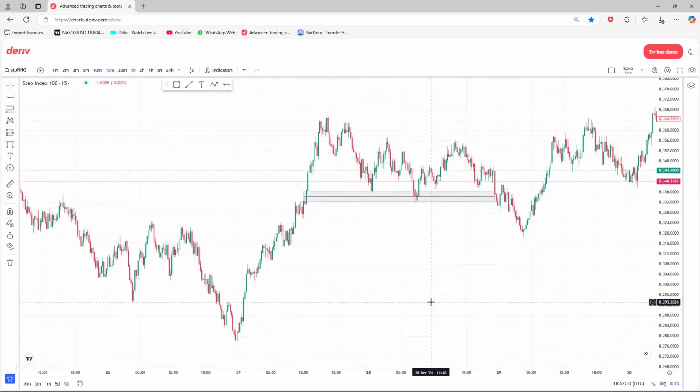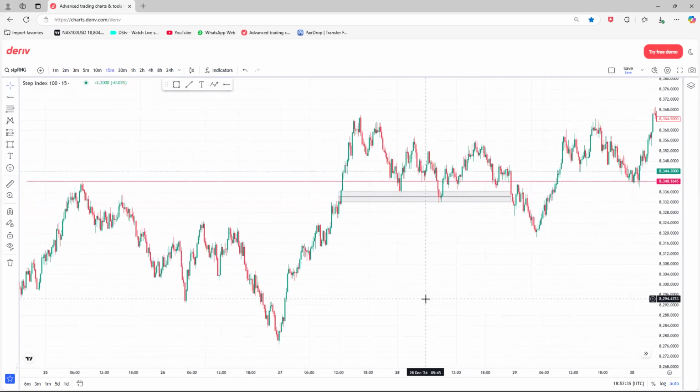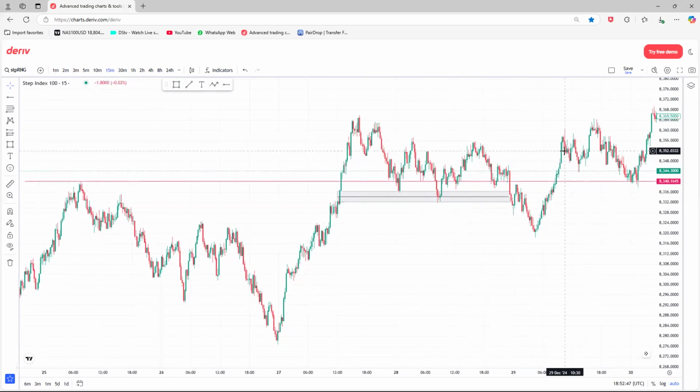But then you can understand, when we get into pullbacks, what I mean by a deep pullback and small retracements and all that. You'll understand all of this that I'm saying right now. So fine, we're having this. I'm just reading price. I'm not doing anything special. So we have this buy pullback to here, right?